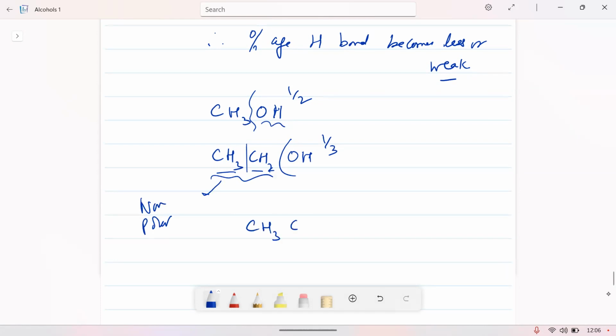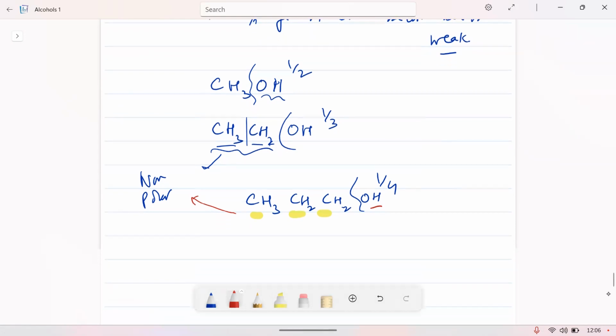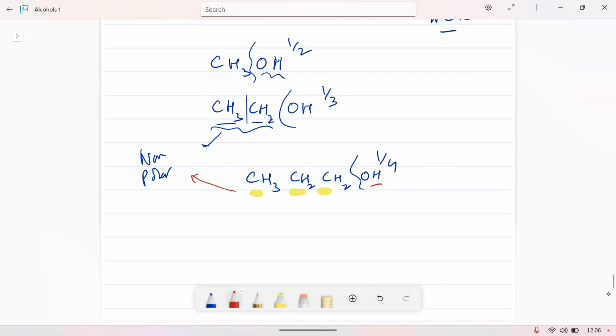And if you go to propanol, it is only 1/4 of the molecule, because there are 3 alkyl groups over here. These are non-polar parts, not involved in the hydrogen bond. So as the molecule becomes bigger, the percentage of atoms involved in the hydrogen bond is decreasing. If the hydrogen bonding is decreasing, the solubility will decrease.